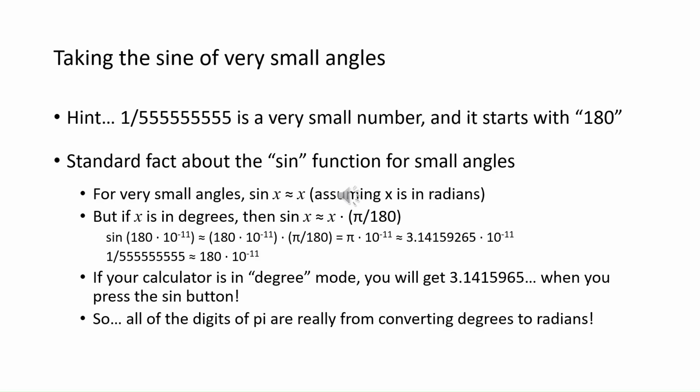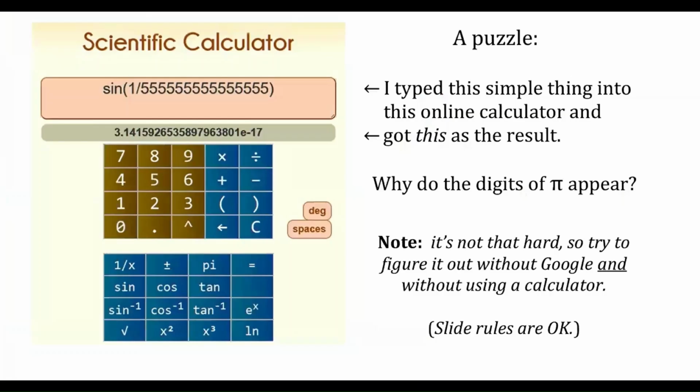And sure enough, all of these 5s give you a number that's like 180, times 10 to the minus 11th or whatever. When it converts that into radians and does the sine operation on it, that's why you get all of the digits of pi out. So here's Mike to explain this exercise and also give us a little bit more information about the rest of the agenda.